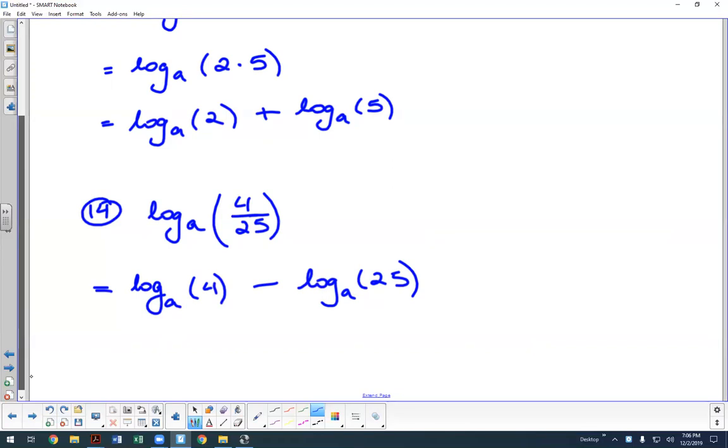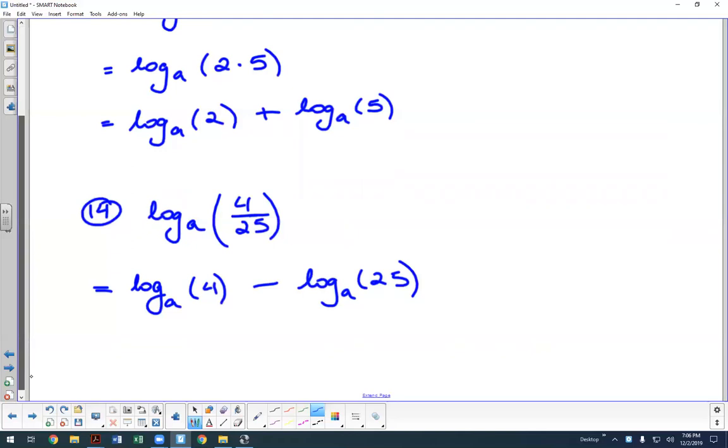And you can actually take that log a of 25. Can you use the rule with the multiplication to split that into 5 as well? Or do you just... Okay, so how would you write it? Log base a of 5 plus log base a of 5, right? Or no? Because it's asking us to write it in terms of log base a of 5.